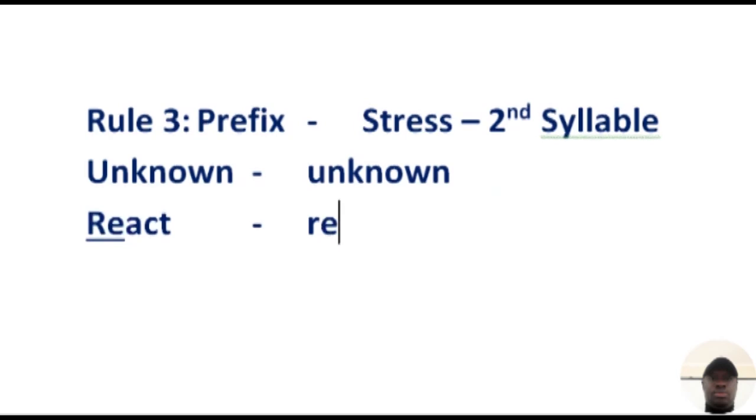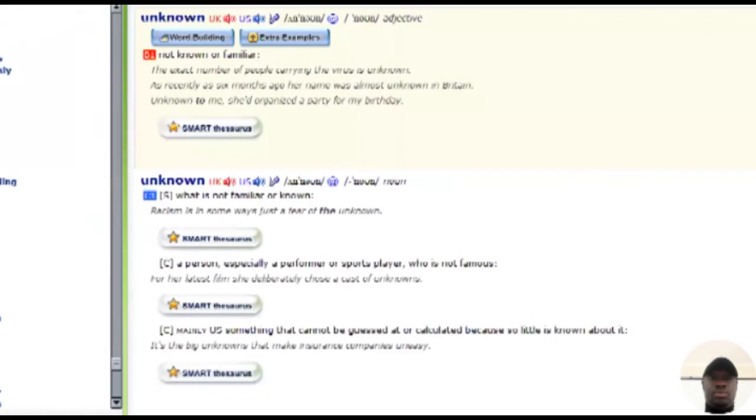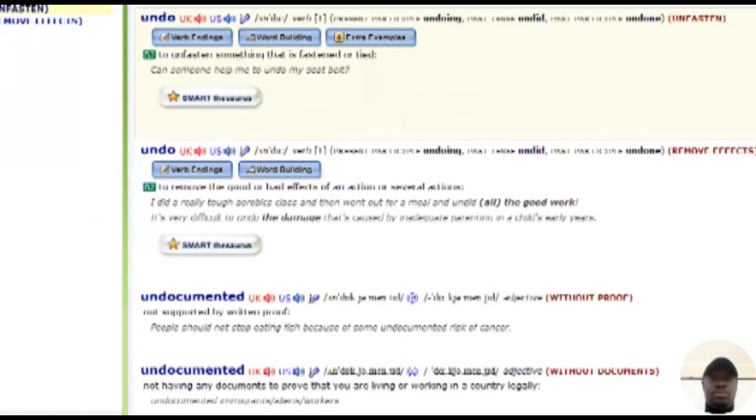But you and I know that most prefixes work with verbs to change the meaning. So it's found in react. Undo. Good. So undo. Let's check undo. Did you see it? Undo. Can you see it? Yes.